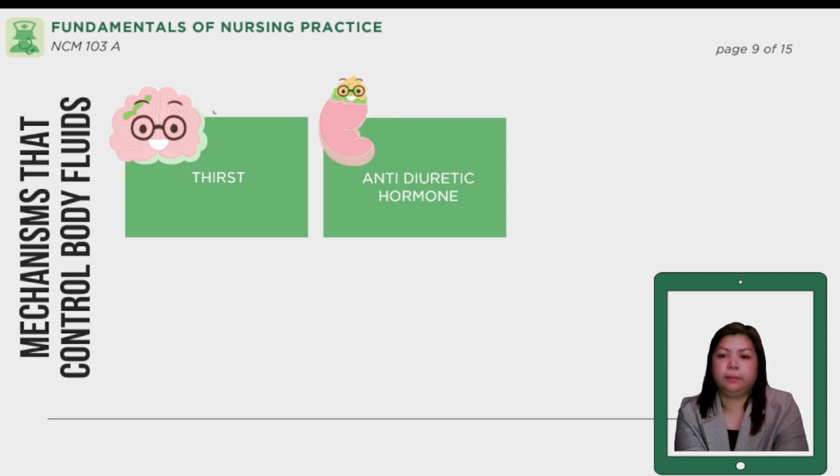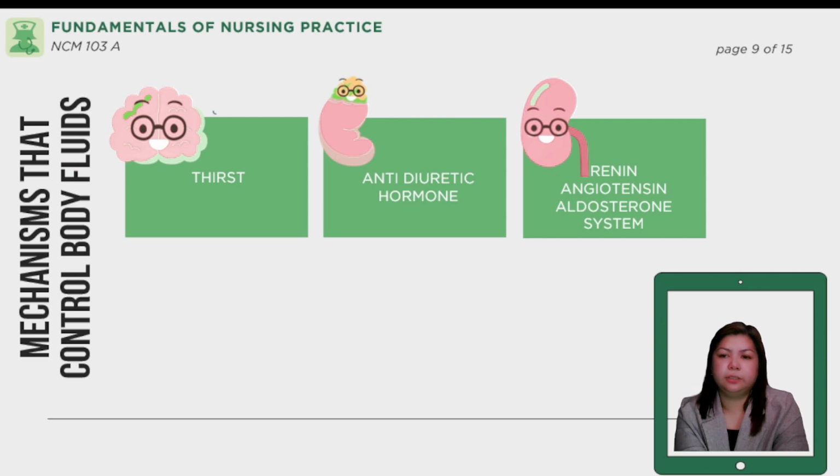Next, you have your RAAS, or the renin-angiotensin-aldosterone system. The RAAS is a complex hormonal system that regulates blood pressure and fluid balance. It is activated when there is a decrease in blood flow to the kidneys or a decrease in blood volume. In response, the kidneys release an enzyme called renin, which initiates a series of reactions leading to the production of angiotensin II.